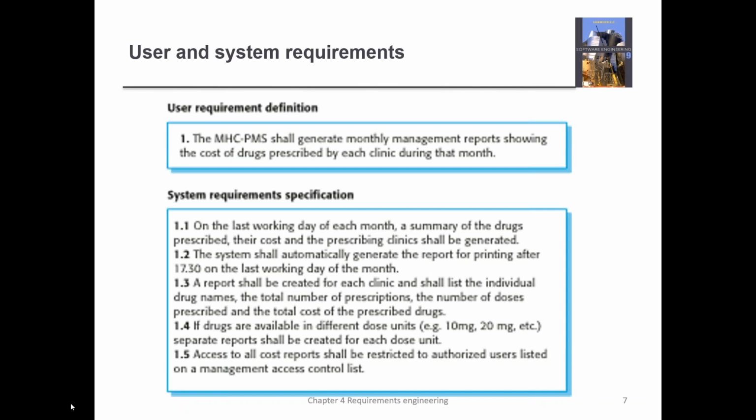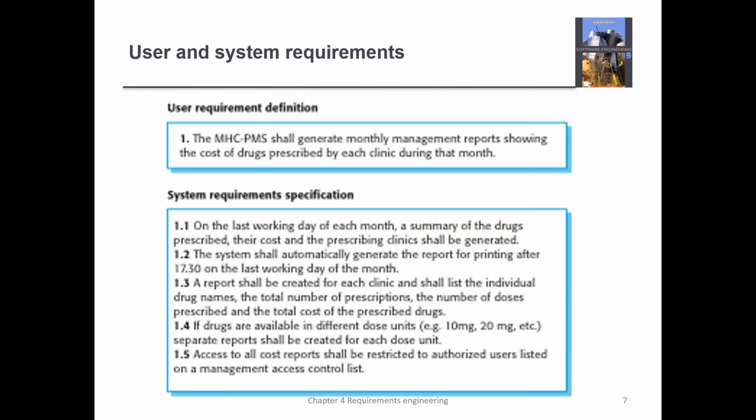1.4 says, if drugs are available in different doses, separate reports shall be created for each dose unit. So you know some drugs have different milligrams. For each of those units, separate reports must be generated: how many people were prescribed this drug at this dosage, the cost of this dosage.